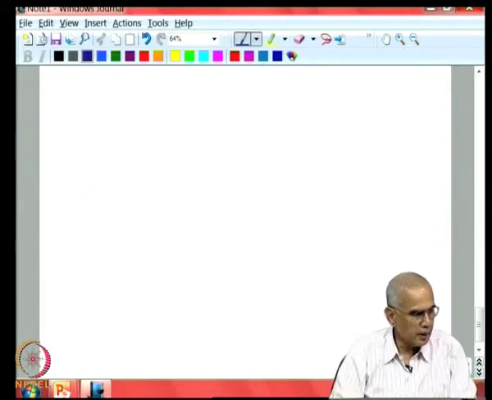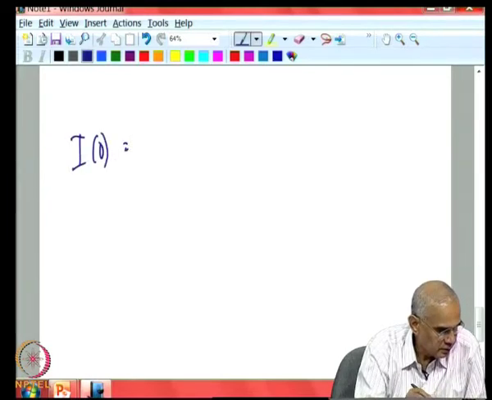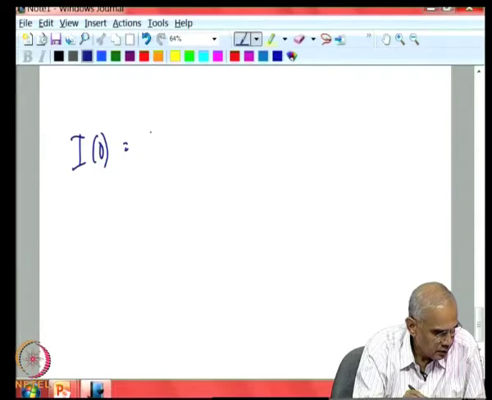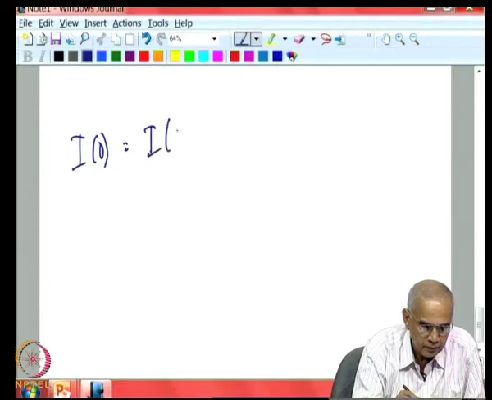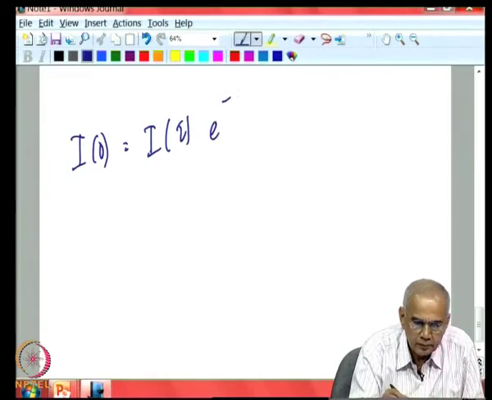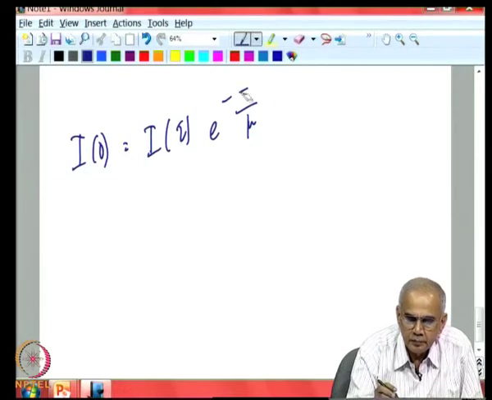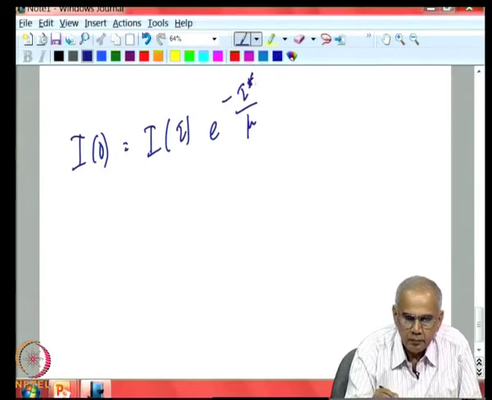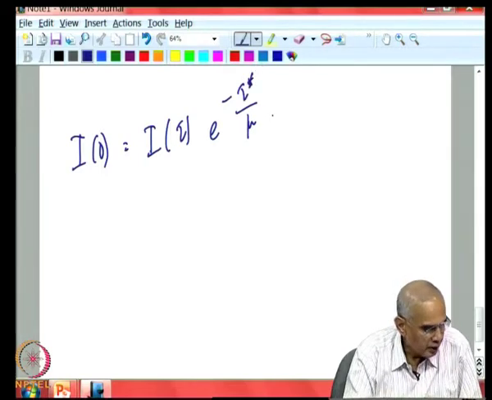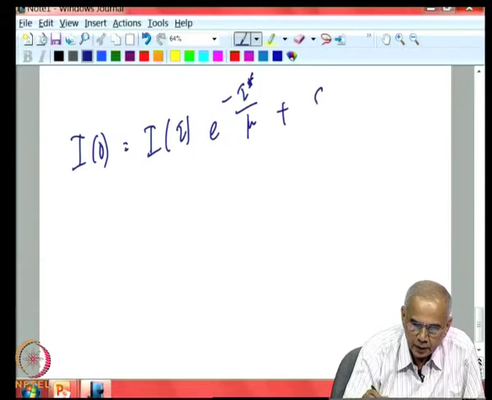And you can see that I of 0, the downward flux, is influenced by, so I equals I r tau plus incoming solar radiation.